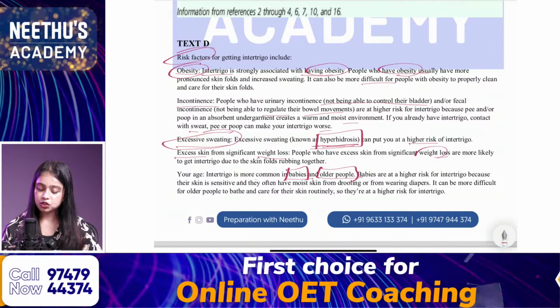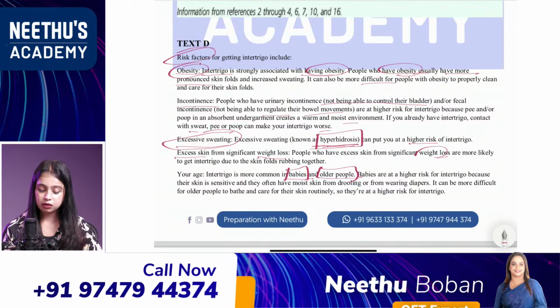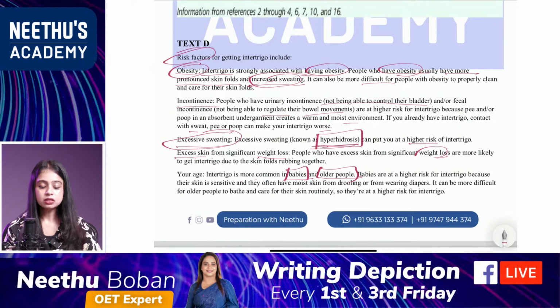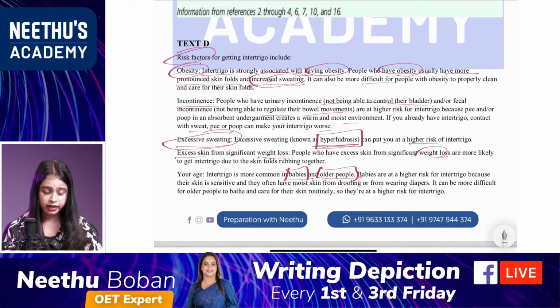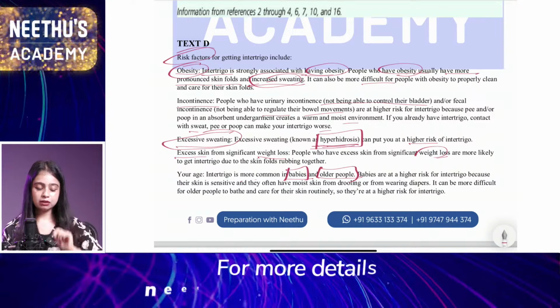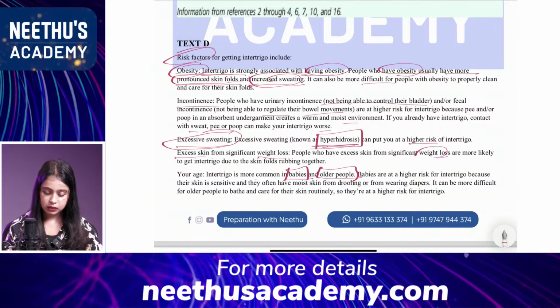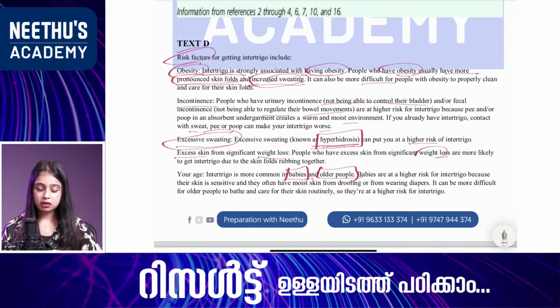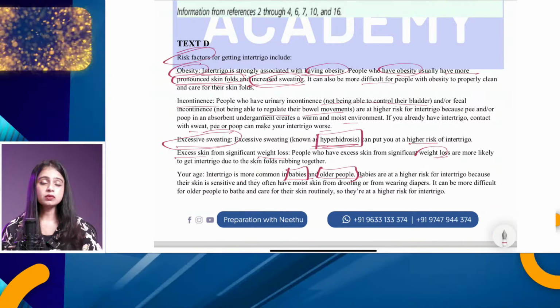People who have obesity usually have more pronounced skin folds and increased sweating. Very good, Reba, it's pronounced skin folds from text D.